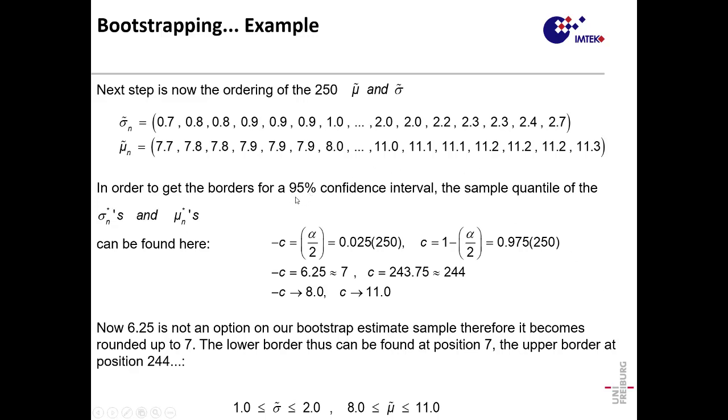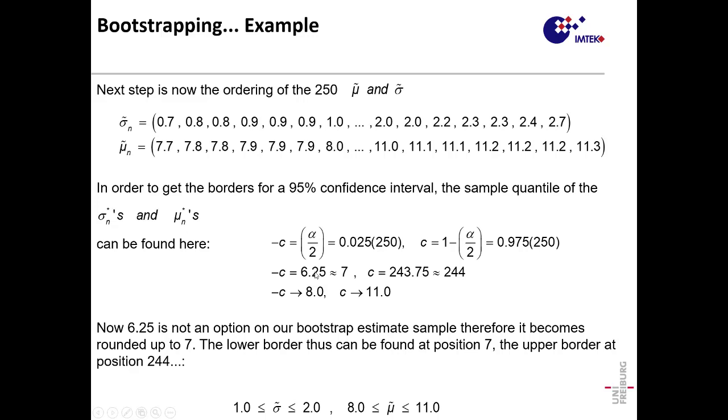So let's say that we want to have a confidence interval of 95%. So we want to be sure that we cover 95% of basically your points. So one border of the confidence interval will be at 0.025 of your 250, and the other border will be at the upper 0.975 of your 250, okay?